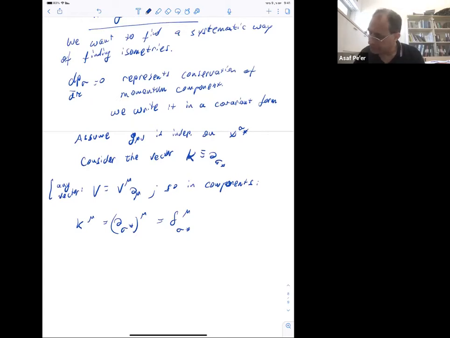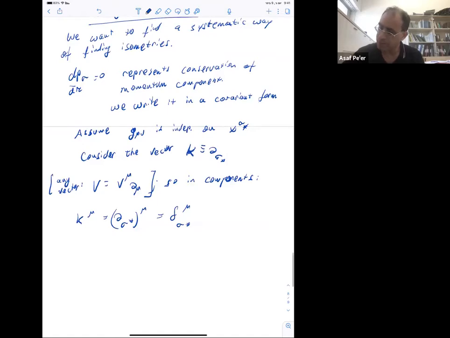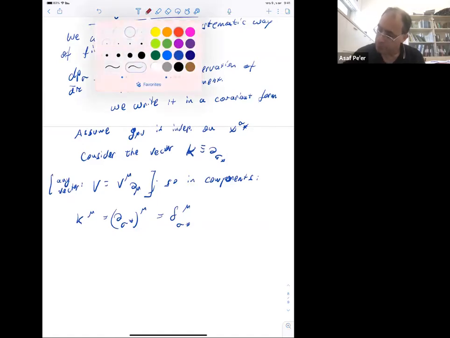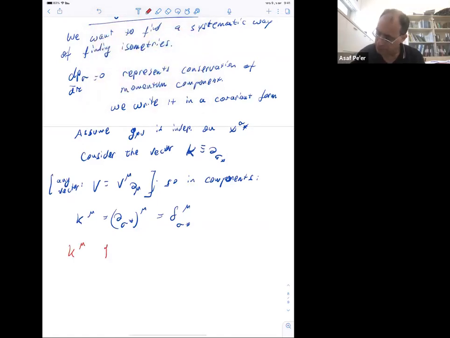Right? So, yeah, we say that the vector k, we call it the generator of the isometry. So we say that k mu generates the isometry.